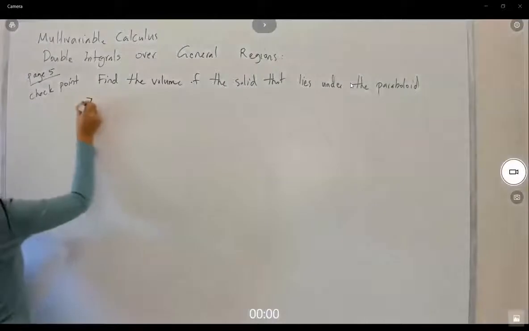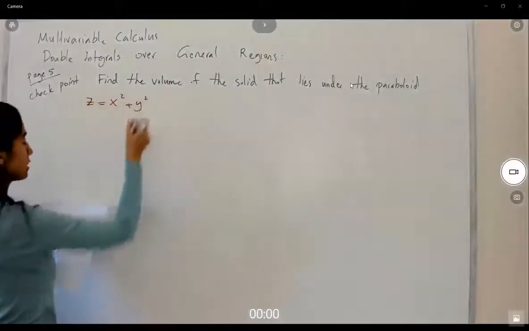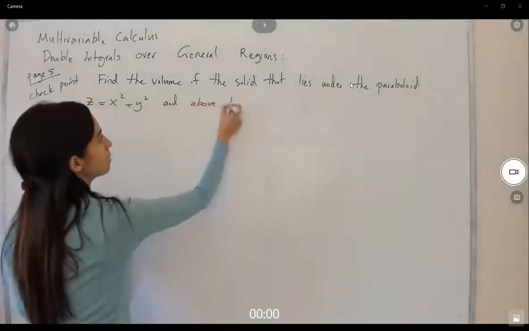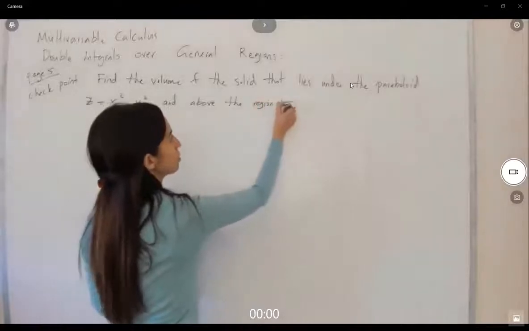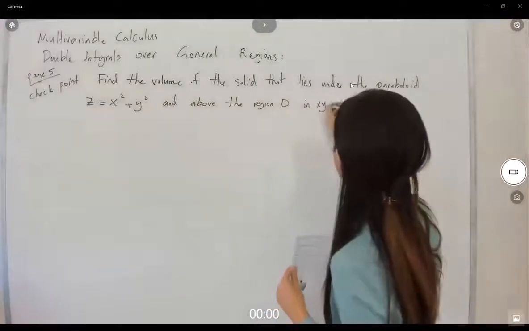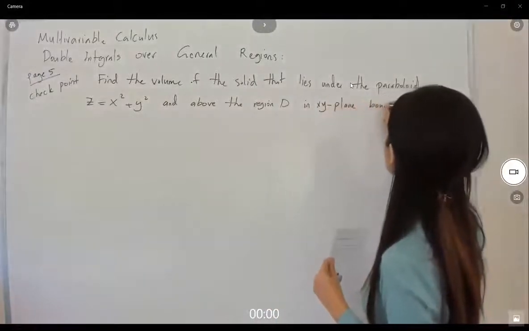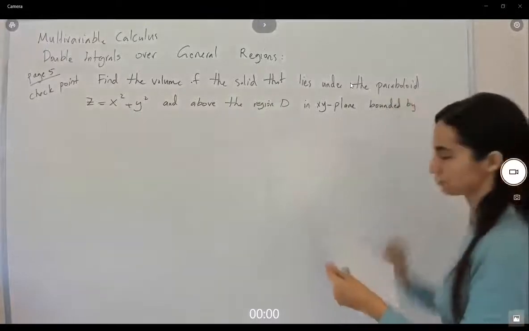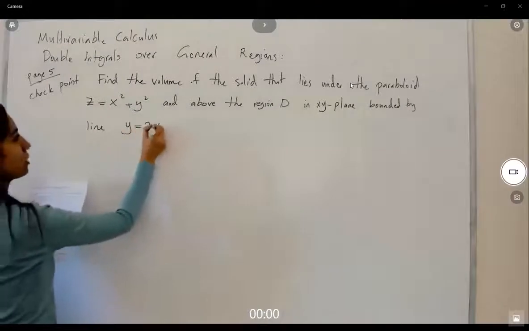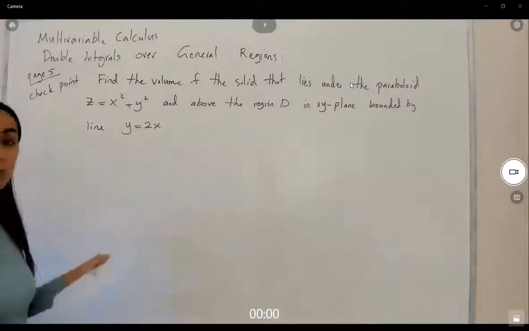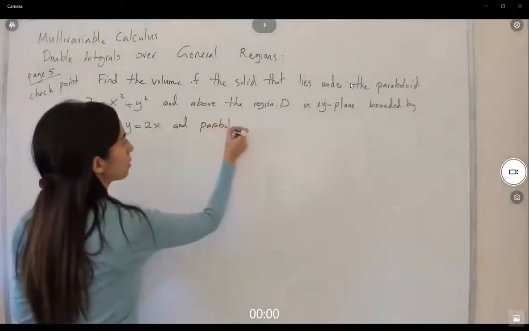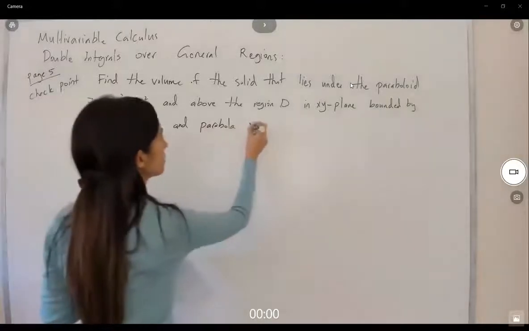Z equals x squared plus y squared, and above the region D in the xy plane bounded by a line y equals 2x, and also a parabola y equals x squared.